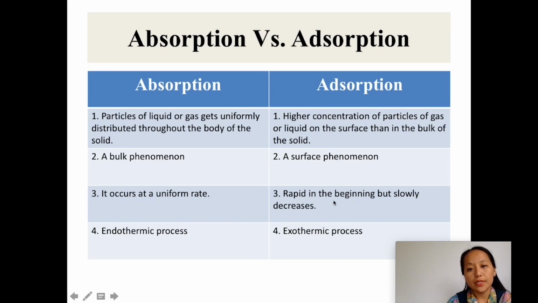So the rate is rapid in the beginning and becomes slower as the adsorption progresses. And then absorption is said to be endothermic, whereas adsorption is an exothermic process, as we just discussed. So that is about the difference between absorption and adsorption.